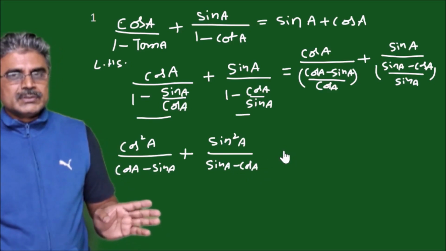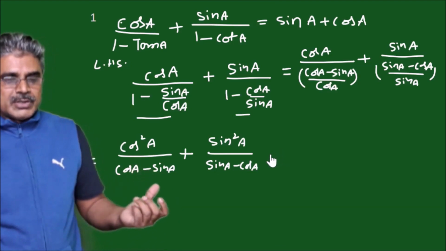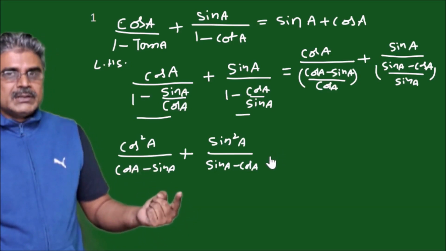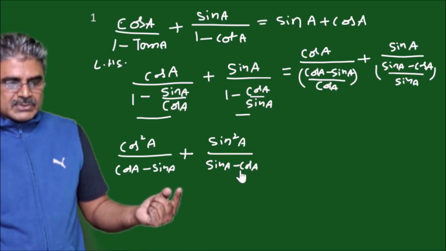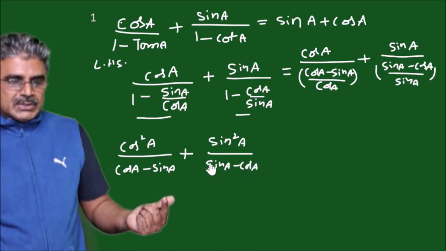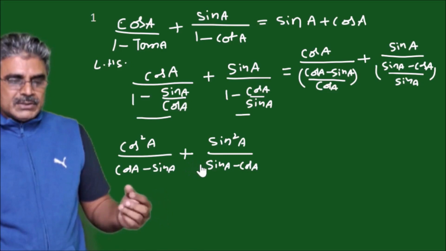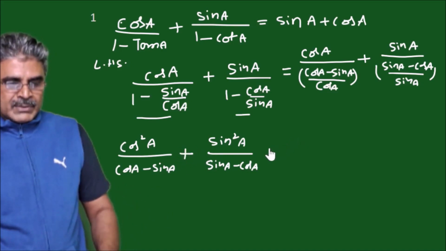Here in this expression it seems to be a common denominator, but not the same, because if you take minus 1 as common from sin A minus cos A, then the term is reversed to cos A minus sin A, which has a negative sign before it, and that negative sign will be multiplied with the plus and you will get minus there.